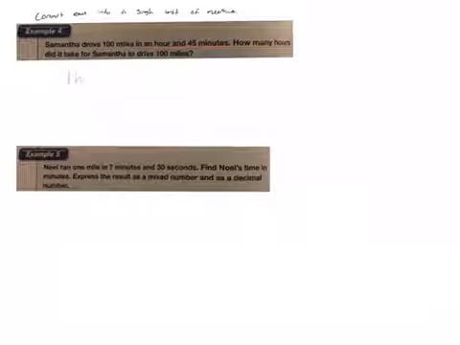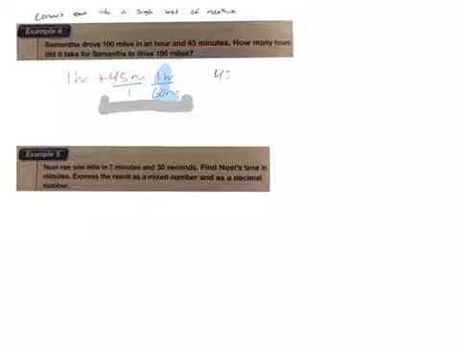So I have 1 hour, that's already in hours, plus 45 minutes. So I'm going to say this is over 1, multiply it by 60 minutes times 1 hour over 1 hour. Again, this is just 1, so I'm not changing its value. So this part here on the right is what I'm working with.